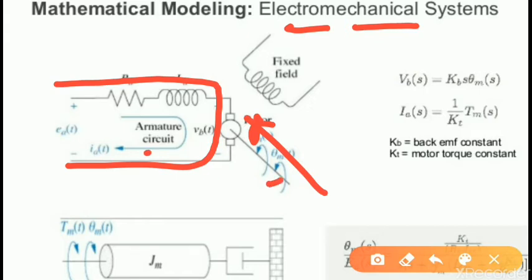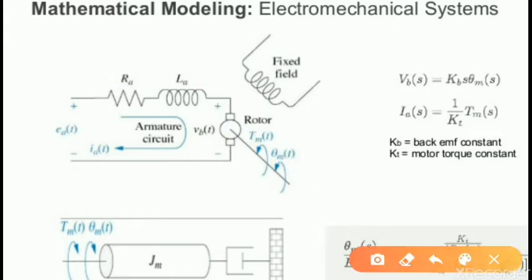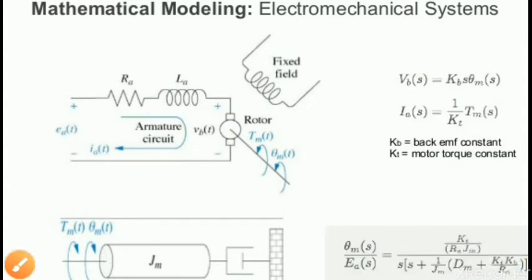So we have an electrical system as well as a mechanical system. Clear? In the electrical circuit we have armature resistance, armature inductance, the voltage Vb, that is the back EMF voltage, the applied voltage Ea, and the current flowing in the circuit, that is Ia.